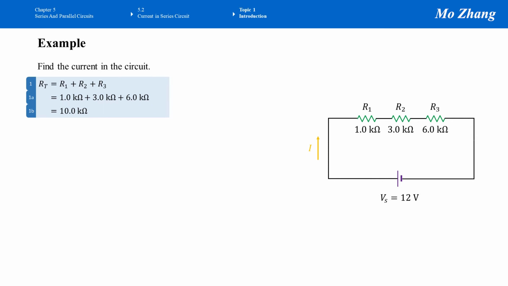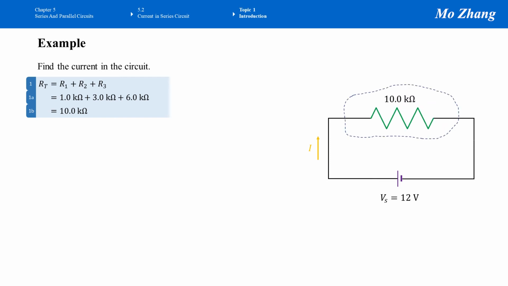If we add them up, that is 10 kilo ohm. So the system has 10 kilo ohm resistance. The question is, what's the current in the circuit? We know if we replace these three resistors by just one resistor, that one resistor's value is 10.0k ohm.